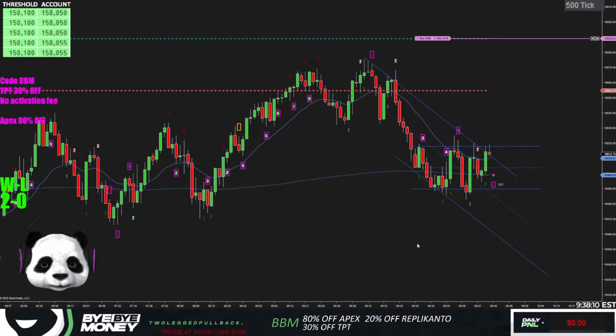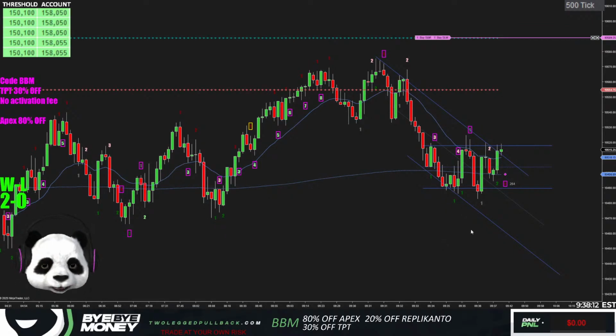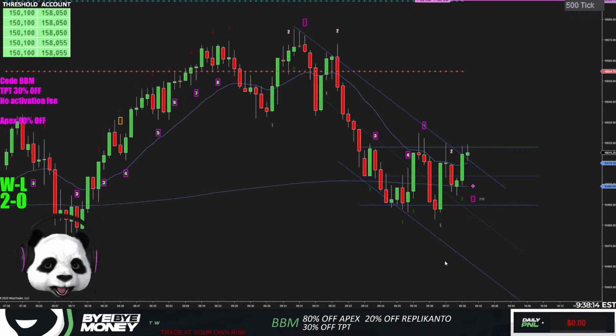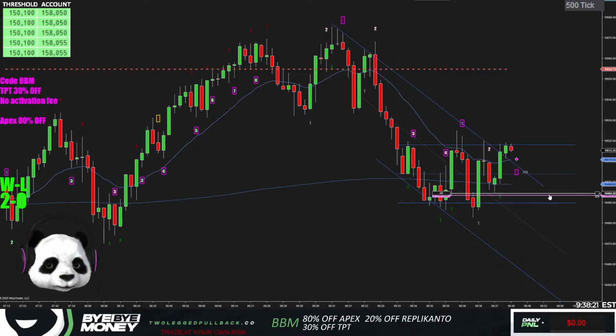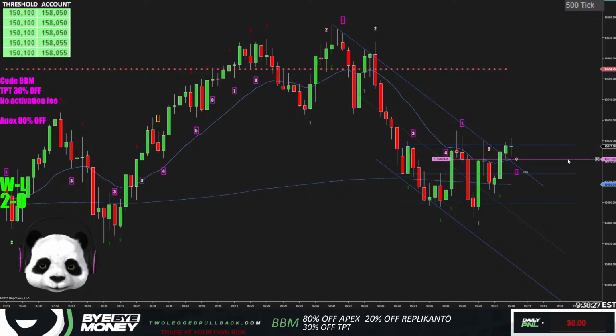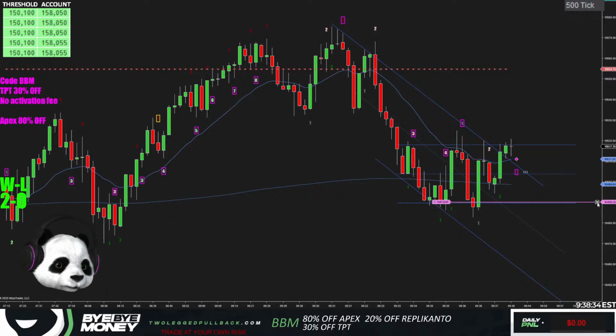Second short here. I could try. Trading range, triggers.